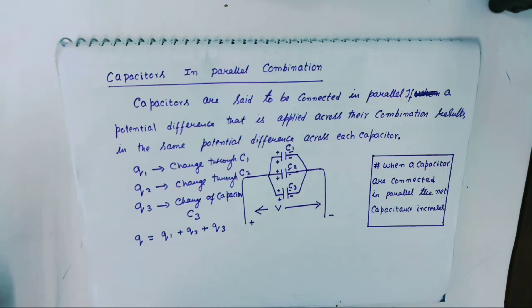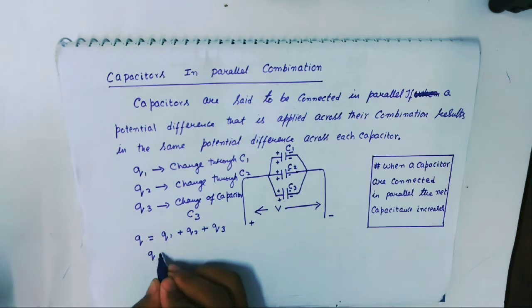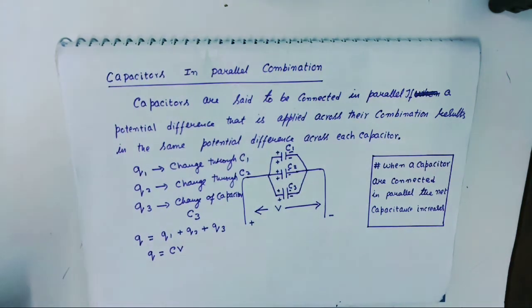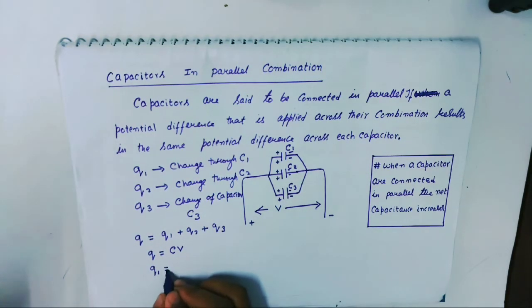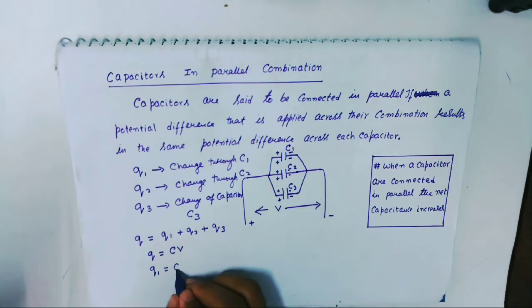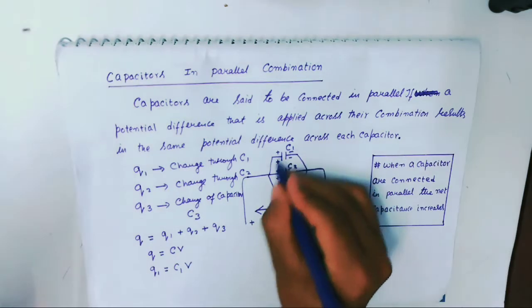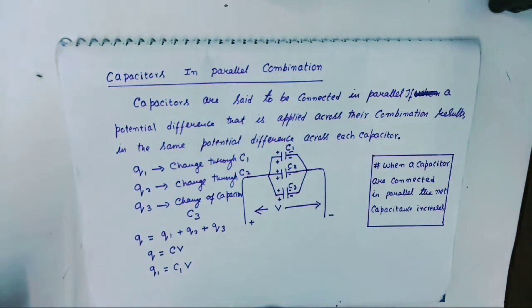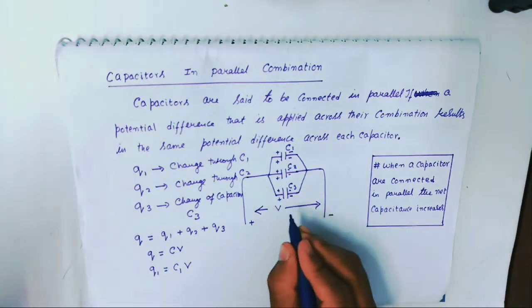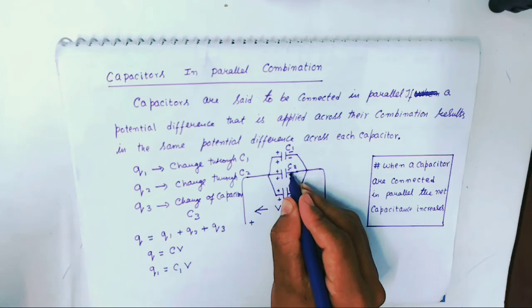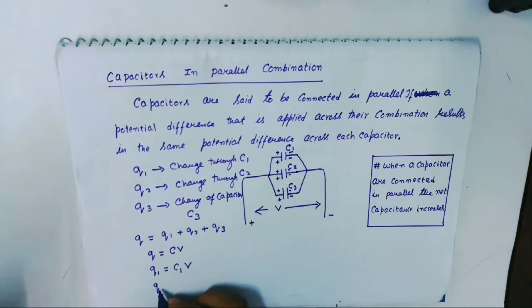So we know that Q equal CV. So here Q1 is equal C1 multiplied by V, and since these capacitor, they are in parallel, so the potential difference across C2 will also V. So therefore Q2 is C2V.